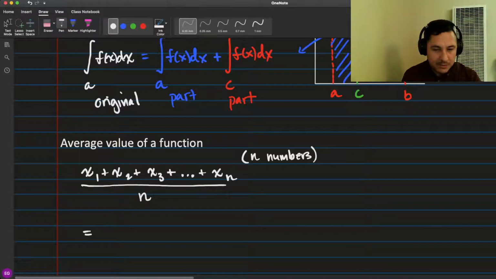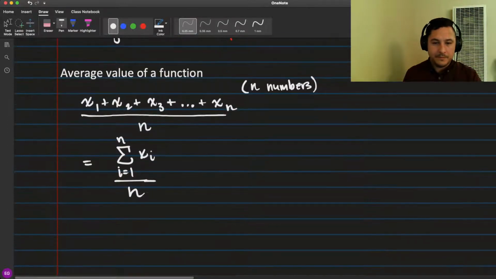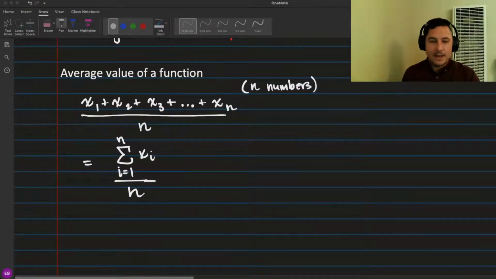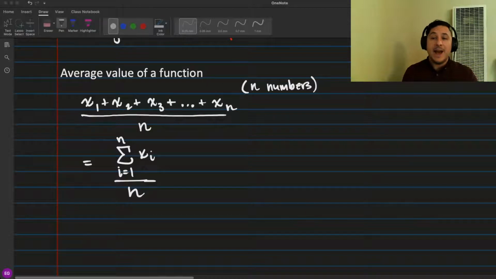So this is sigma i equals 1 to n of xi, and all of that is divided by n. Cool. So that's how you would write the average of a bunch of numbers.